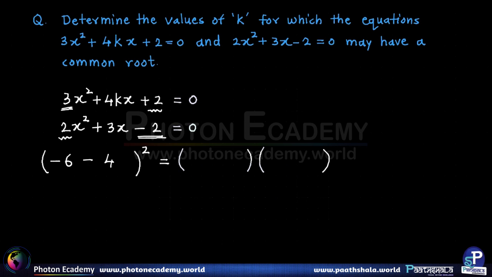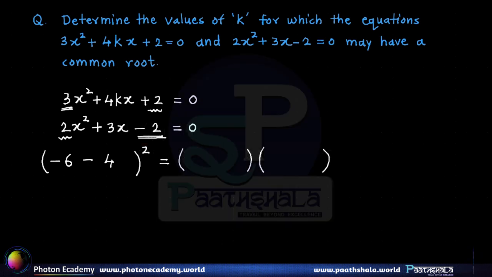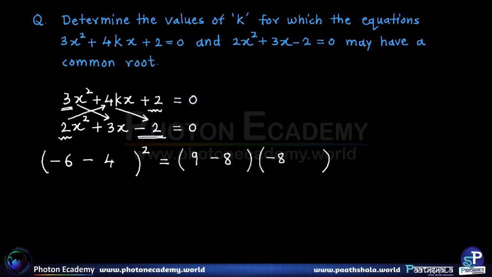Let's take the first smaller cross, that is 3 into 3 which is 9, minus 2 into 4 which is 8, and then the other cross, which is 4 into minus 2, which is minus 8k, because we have to consider 4k, so here also it should be 8k, and therefore the remaining is minus 6.